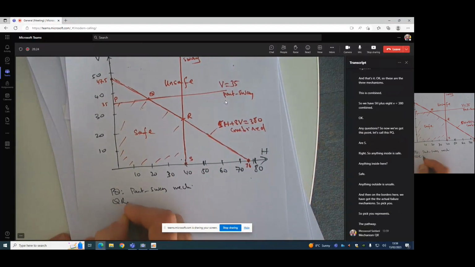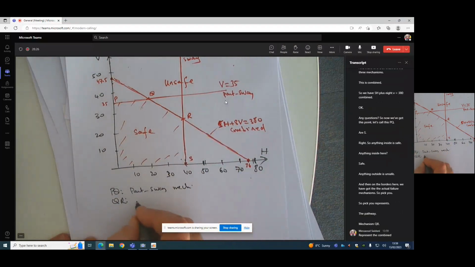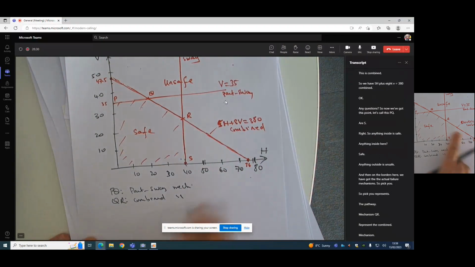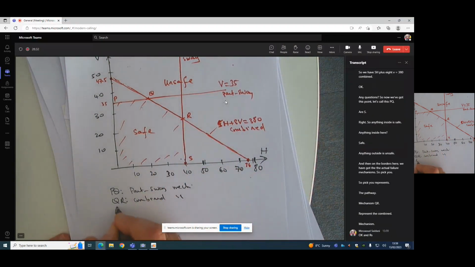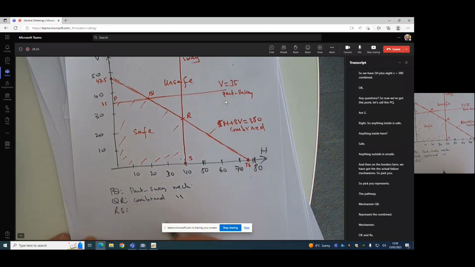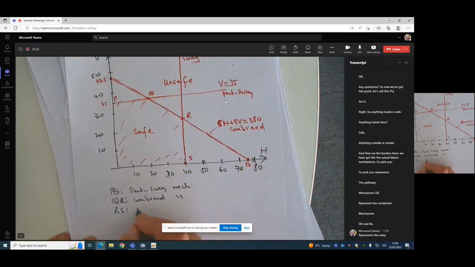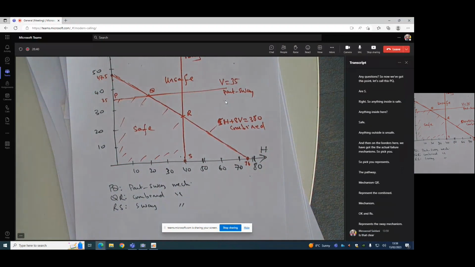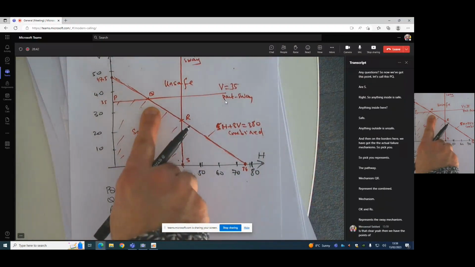QR represents the combined mechanism, okay? And RS represents the sway mechanism. Is that clear? Yeah.